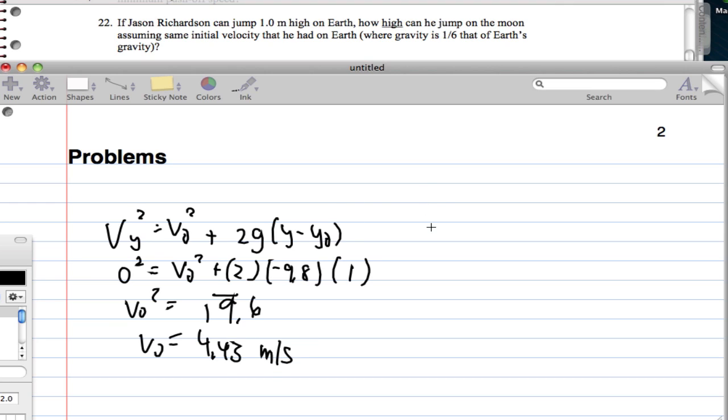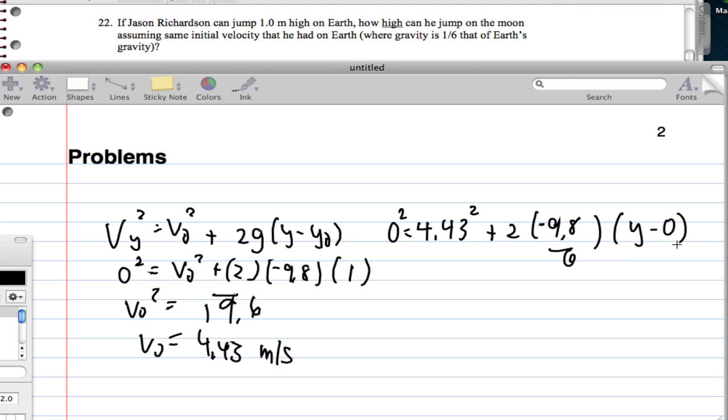Now, let's figure out how high they jump on the moon. So 0 squared, the speed at your highest point, equals 4.43 squared plus 2 times negative 9.8 over 6 times y minus 0.